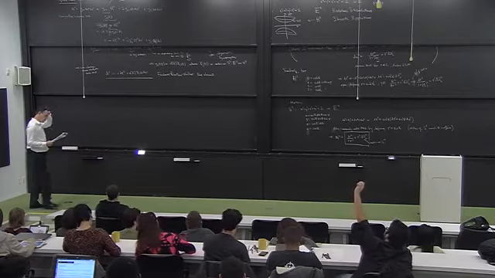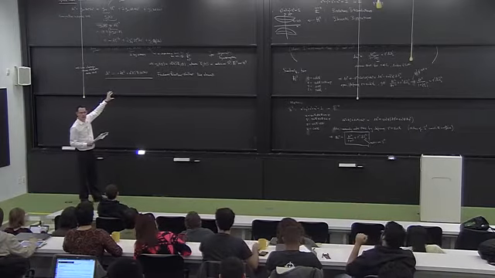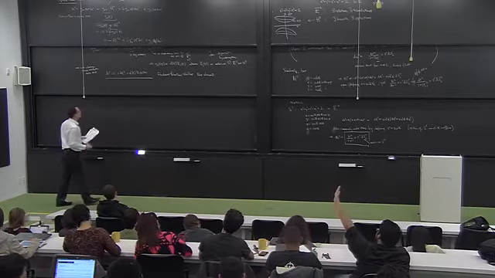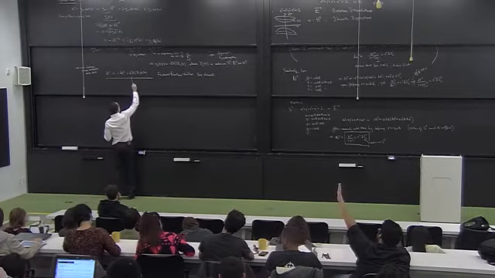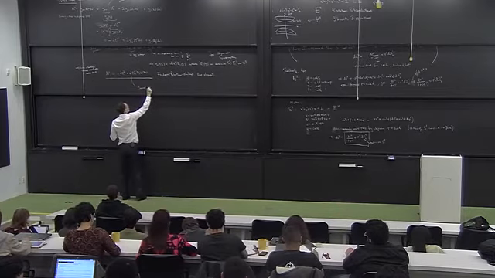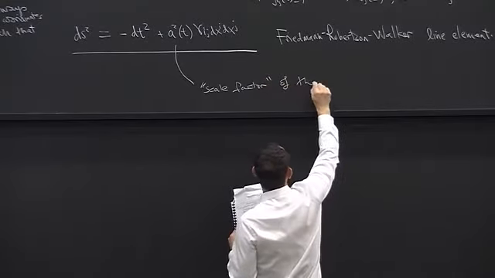Right, so homogeneity and isotropy imposes these profound restrictions on the metric. And basically, this quantity a is obviously the scale factor of the universe.